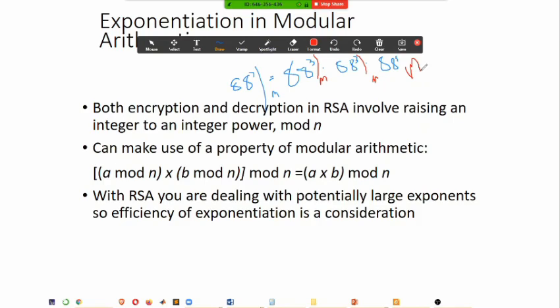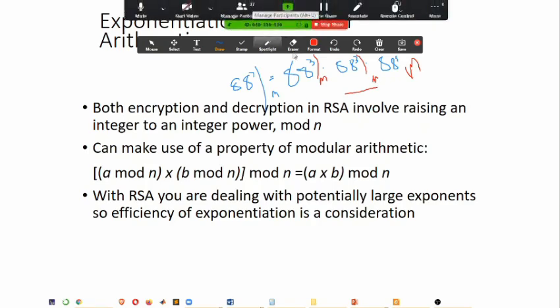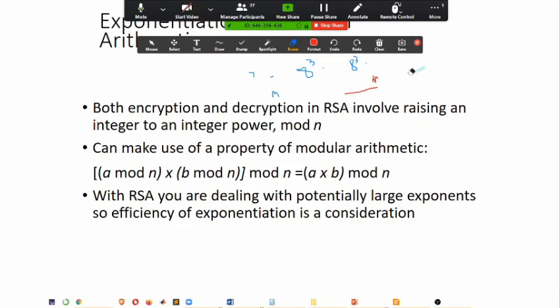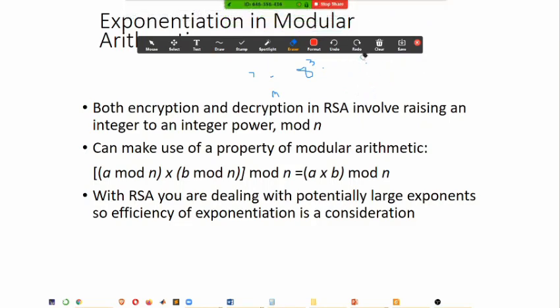Here 88 to the power 3 mod 187 is going to be a number smaller than 187, and on the other side 88 to the power 3 mod 187 is another number smaller than 187. So you break it down into smaller numbers which your calculator can compute at the end of the day. That is the beauty of using properties of modular arithmetic. So go ahead, break down the computation into smaller factors, use the properties of modular arithmetic and compute it.